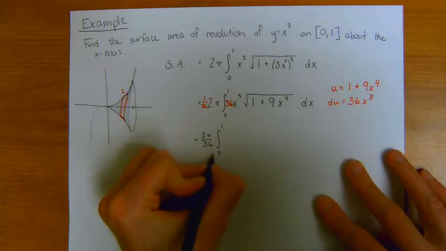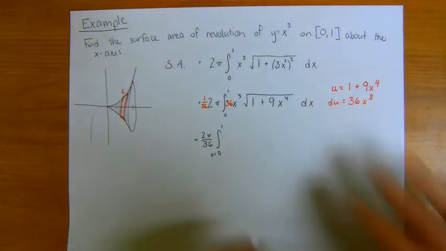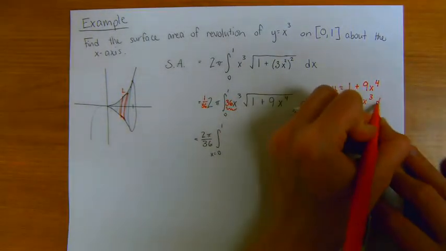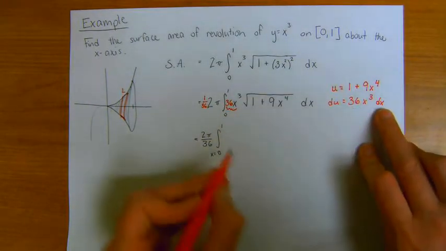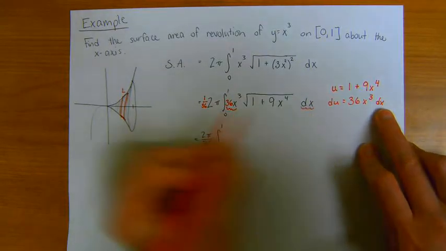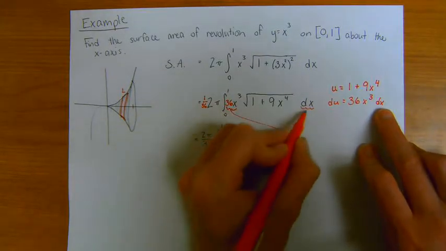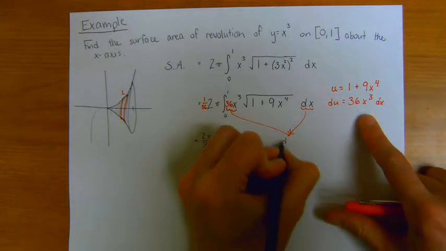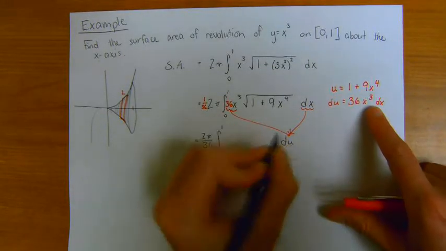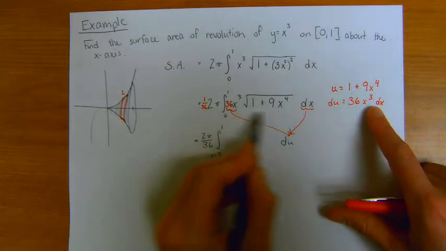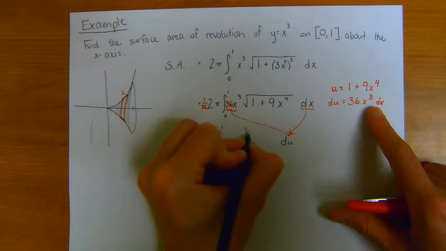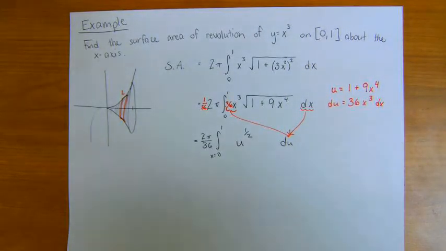And notice I'll be sure to write x equals 0 to 1. My 36x cubed dx, I took the derivative with respect to x. These pieces become my du. But then this whole big messy front piece is actually just u to the 1/2.